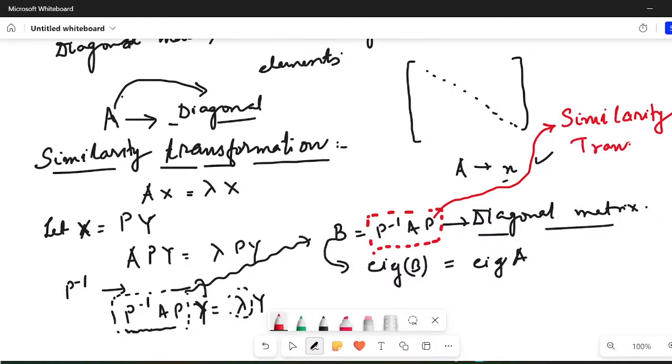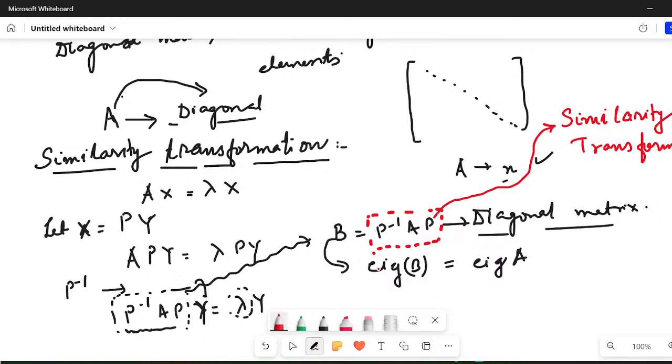One has to remember what a similarity transformation is. With the help of a similarity transformation, we are able to diagonalize matrix A in such a way that the eigenvalues of B and the eigenvalues of A are the same.